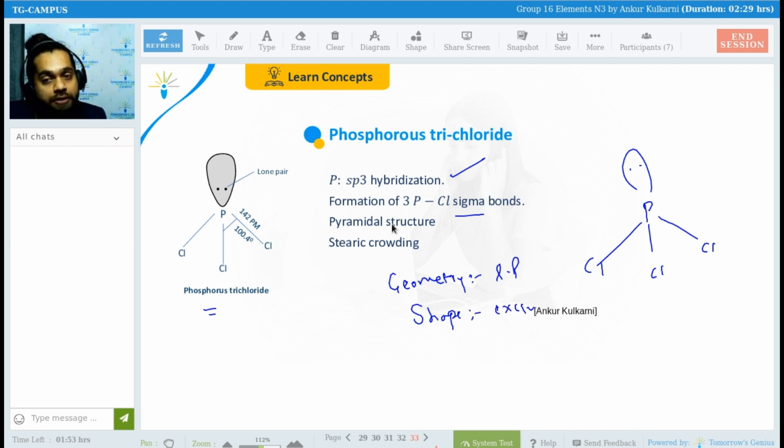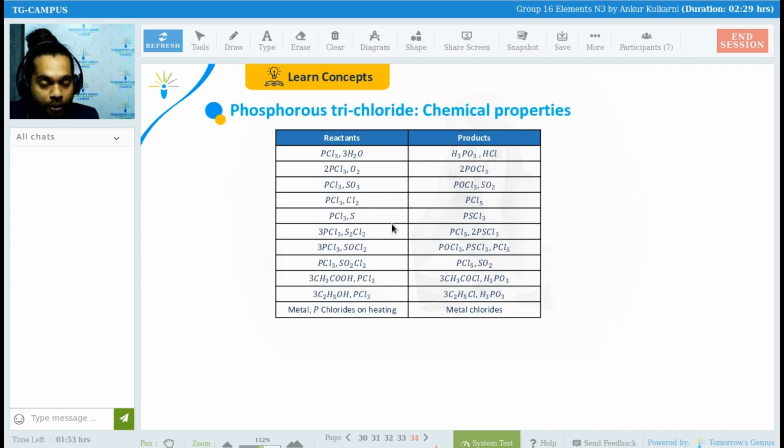If I erase this lone pair, what I have got is a pyramid. So that is your pyramidal structure. Is it clear, everyone?